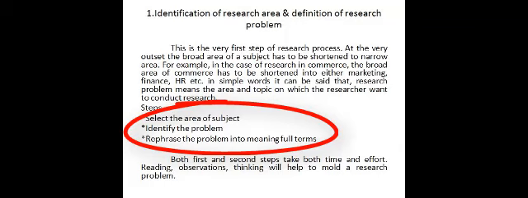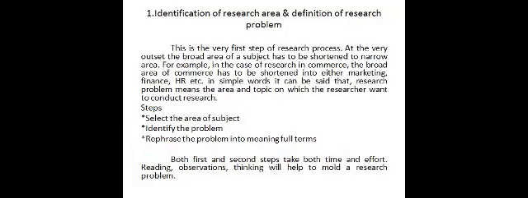So we have to select the most interested area, most feasible area for research study. Second one, identify the problem. We have to identify the correct problem to solve that problem, we will conduct research. The last one is rephrase the problem into a meaningful terms or meaningful sentence.